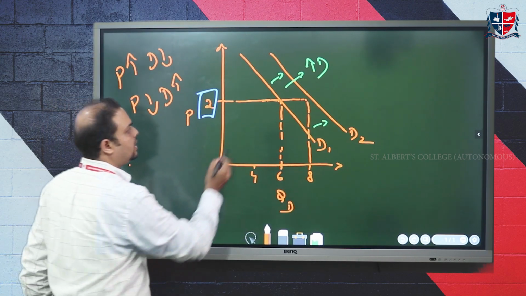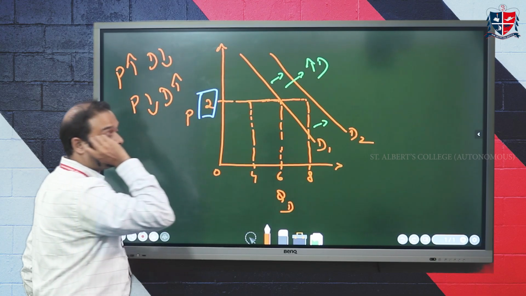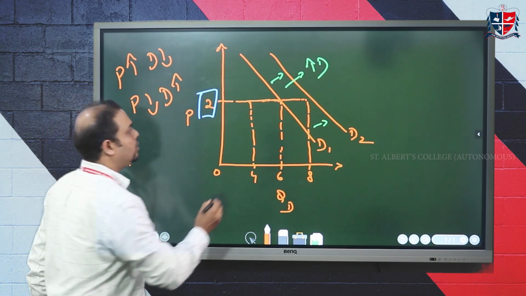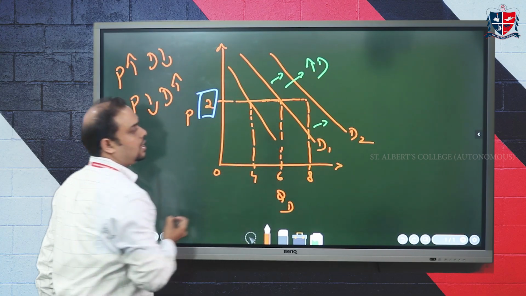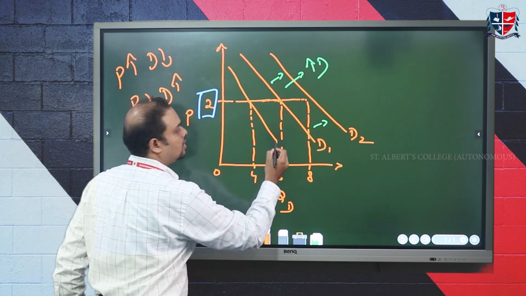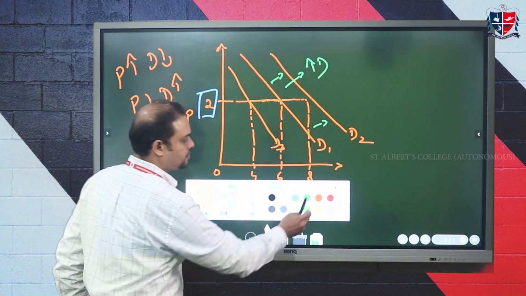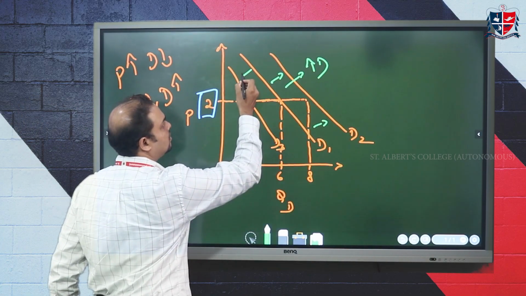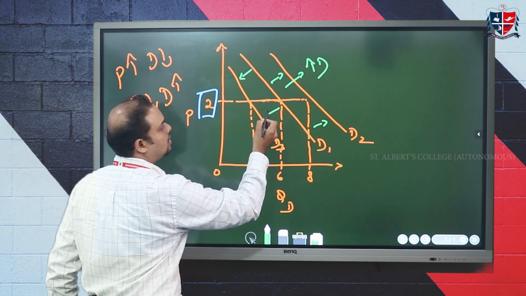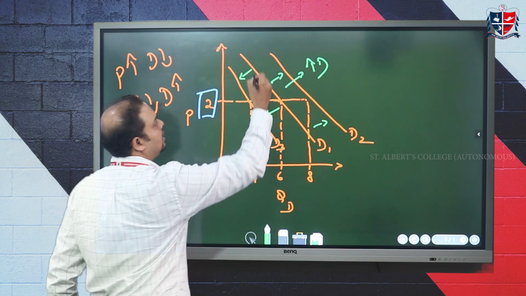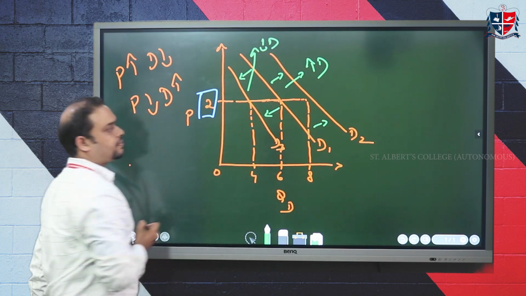Now at ₹2, the demand comes down to 4. The new demand curve would be like this, which is my D3. As you can see, the shift from D1 to D3 has come down, and this is your decrease in demand.